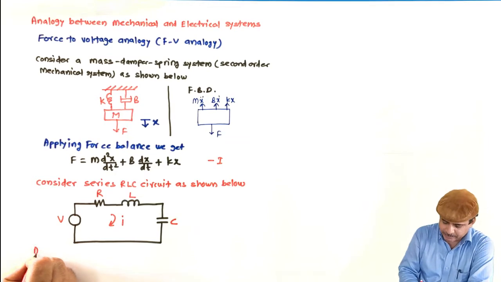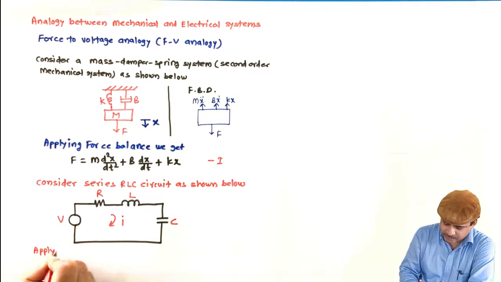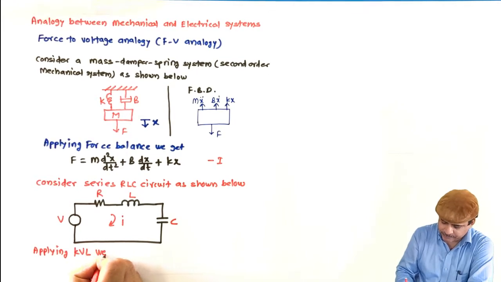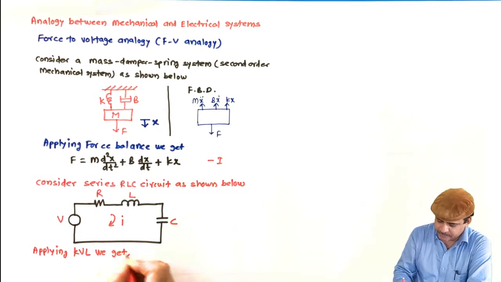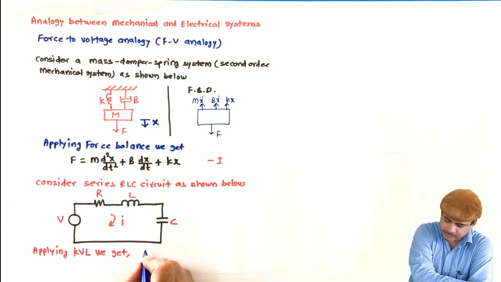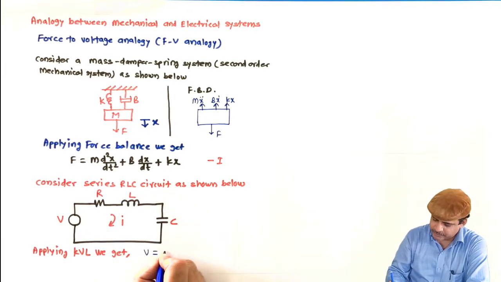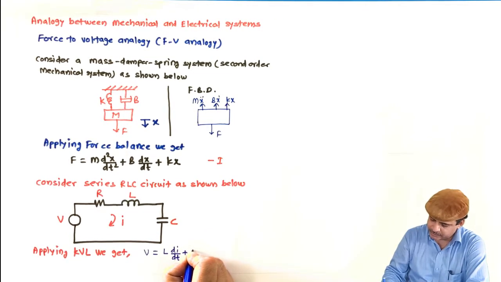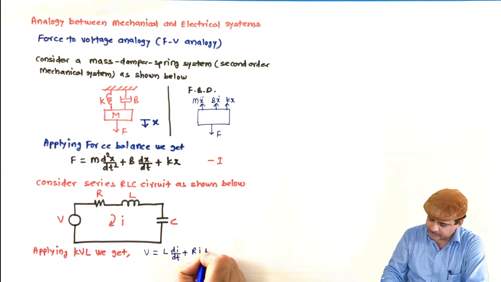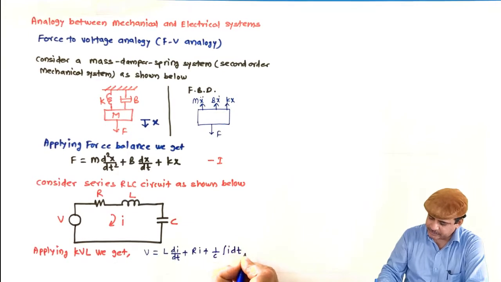So applying KVL, we get V is equal to, starting with the highest order, L di by dt plus R I plus 1 upon C integration of I dt.